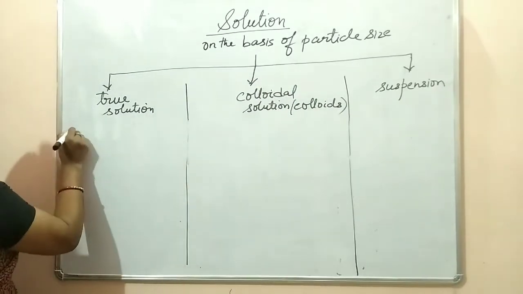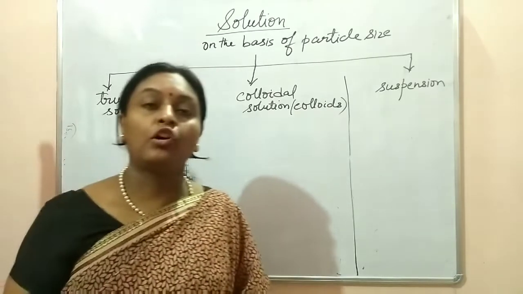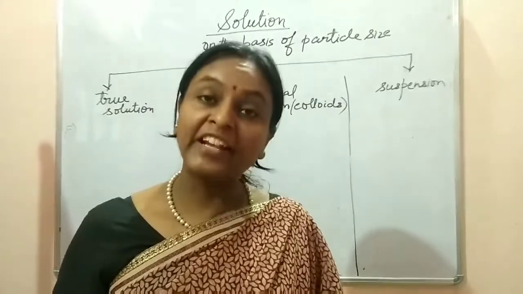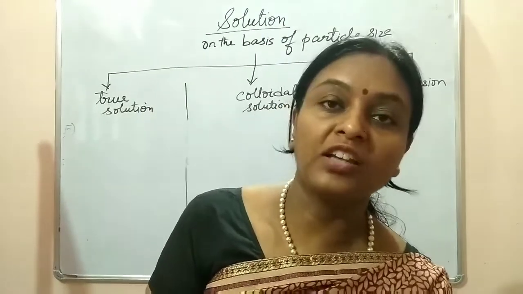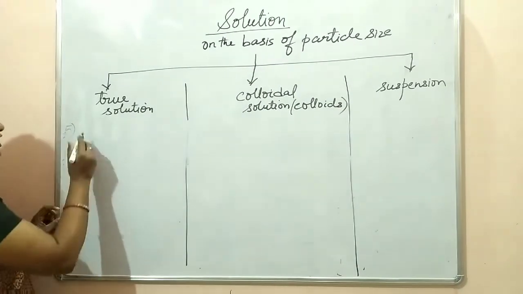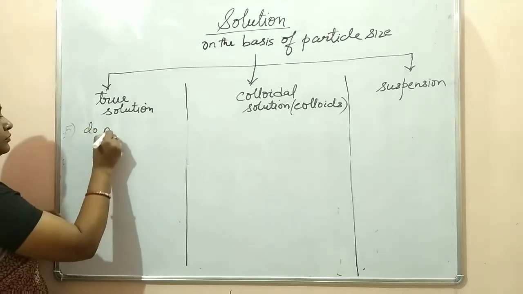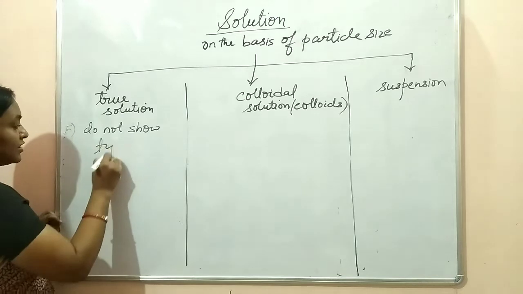The fifth one is Tyndall effect. Colloidal particles show Tyndall effect, but true solutions do not show Tyndall effect. Now what is a Tyndall effect? That I will explain to you. First I will write down the point and then I will explain.